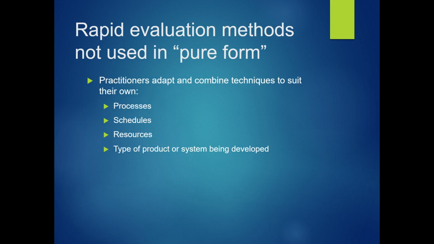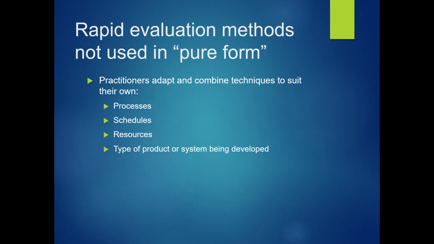There are very few practitioners or teams today that use any pure rapid evaluation method. They adapt and combine various processes to suit their own process or schedule, or if they have any resource limitations. We highlight some of the most popular techniques suitable for projects depending on the design and evaluation.